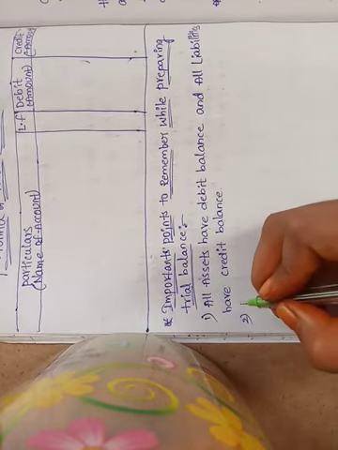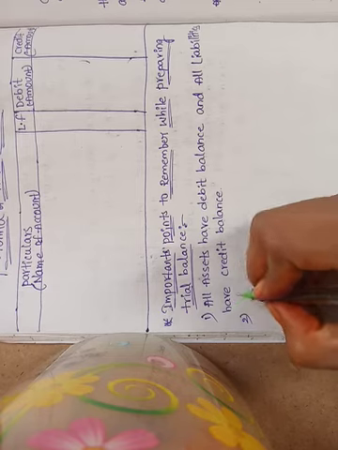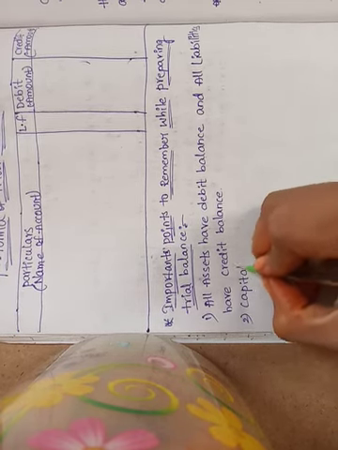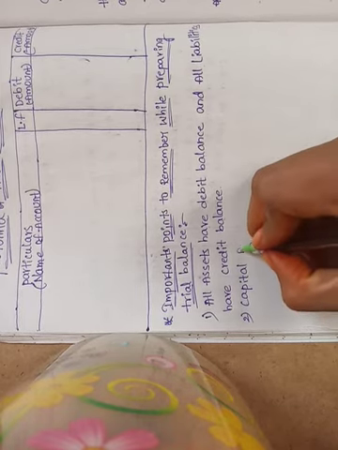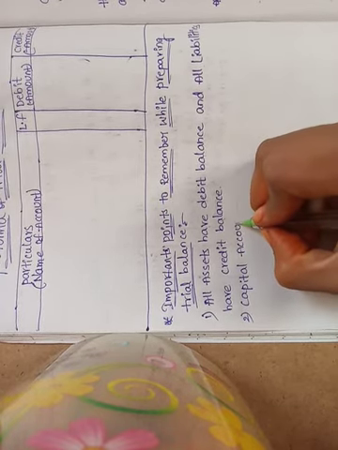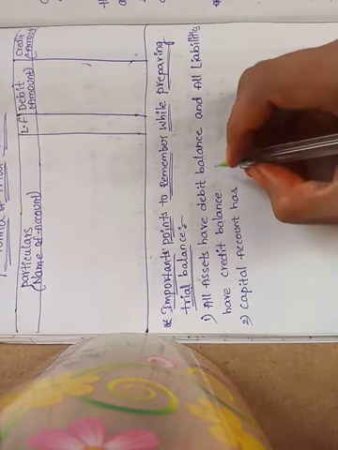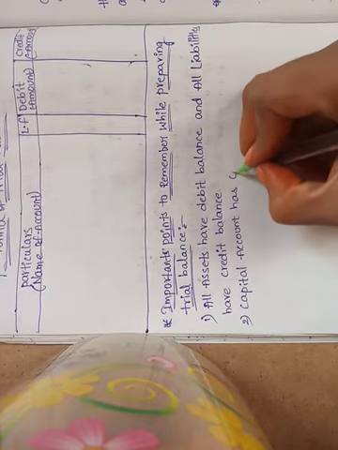The next point is capital account has credit balance.